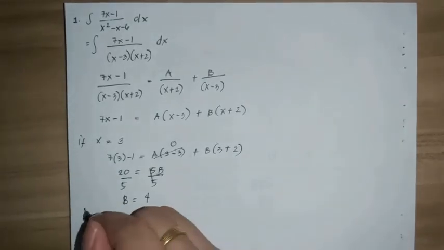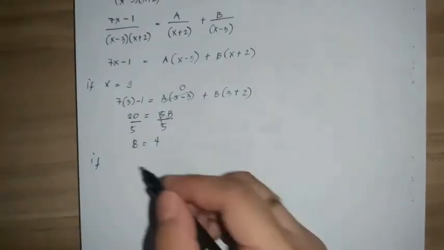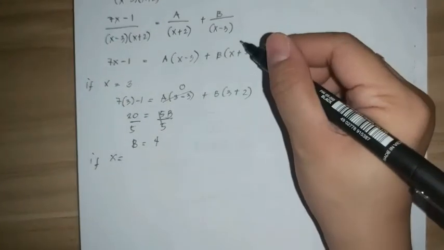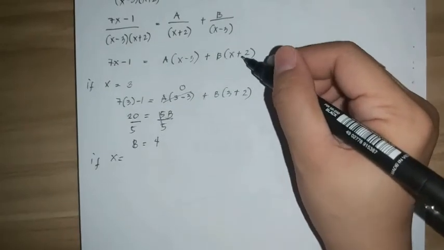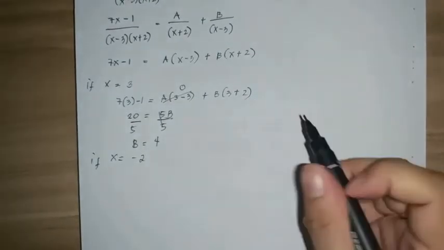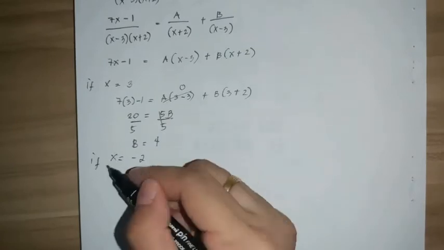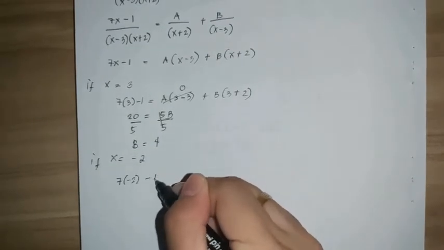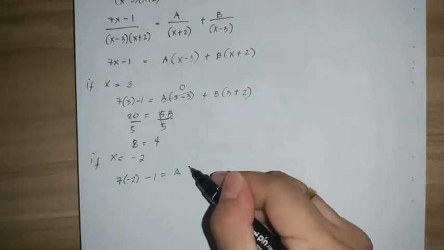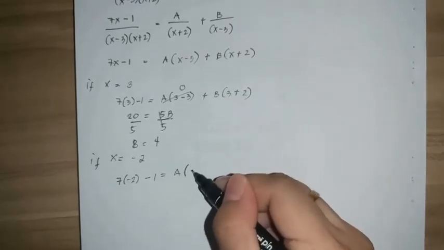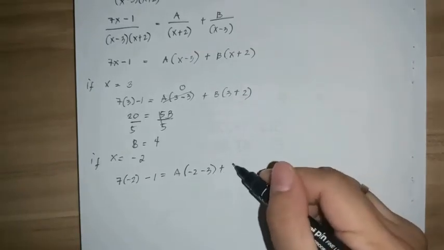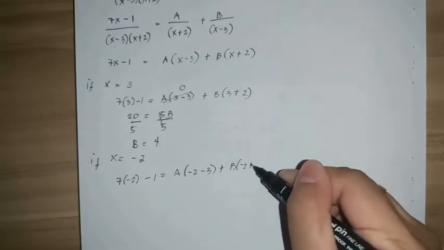Now, to get the value of a, we set x equal to negative 2 so that b will cancel out. If x is negative 2, you will have 7 times negative 2 minus 1 equals a times (negative 2 minus 3) plus b times (negative 2 plus 2).